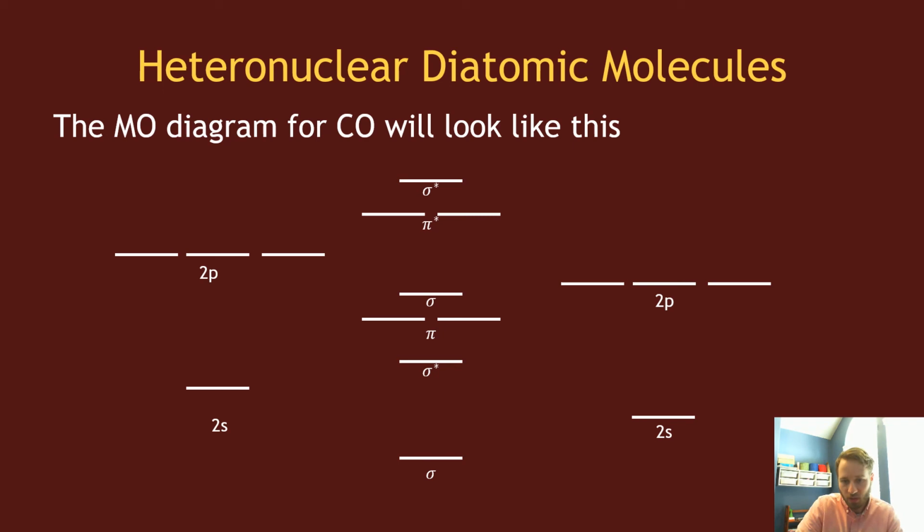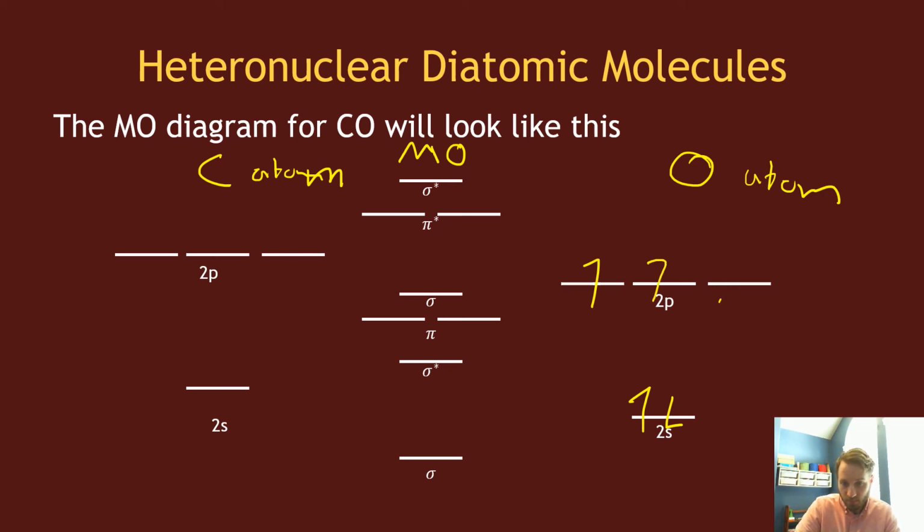All right, the molecular orbital diagram is given here, where I've drawn this for carbon, this for oxygen, and then these are the molecular orbitals. So the oxygen atom, and this is the carbon atom. For oxygen, we have 1, 2, 3, 4, 5, 6 electrons here.